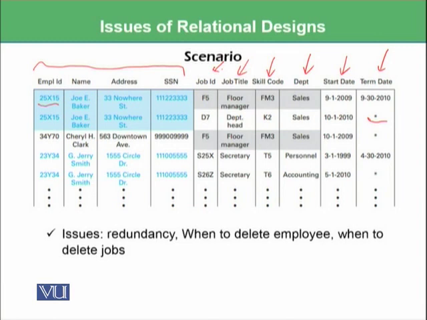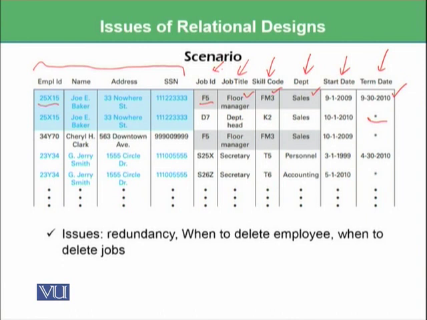The first job was F5, its job title was floor manager, skill code was FM3, it was in the sales department, and it started on 1st of September 2009 and ended on 30th of September 2010. So this one tuple is denoting one employee.